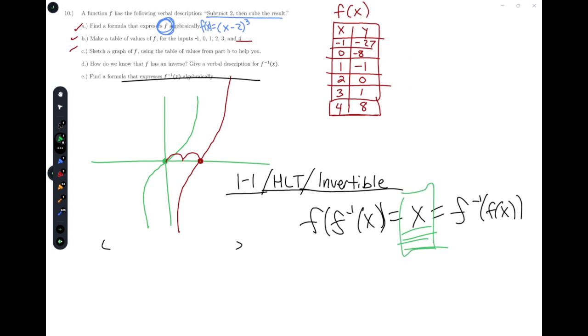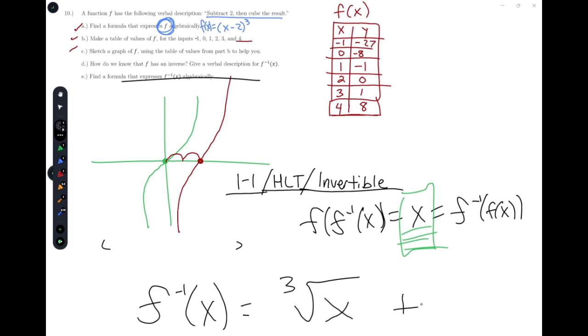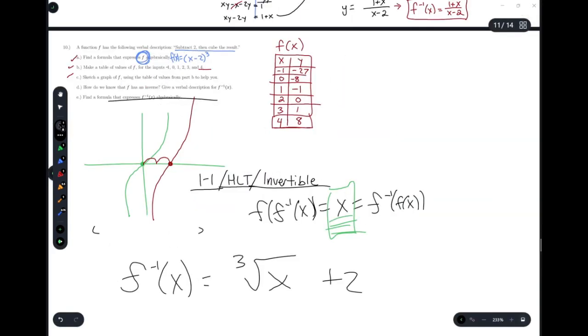Do you think you could find the inverse of that function if you had to? Oh, that's question E anyway, so you do have to. What's the inverse? I'll do this one. Someone wearing black, do it. Okay, I will. Cube root x and add 2. Did anybody invert it yet?